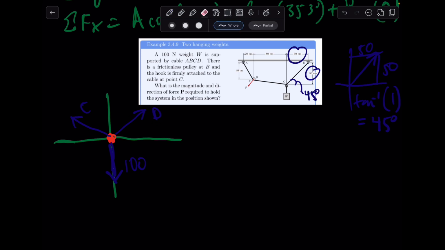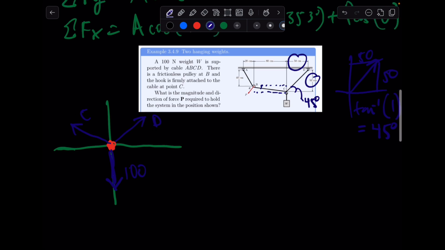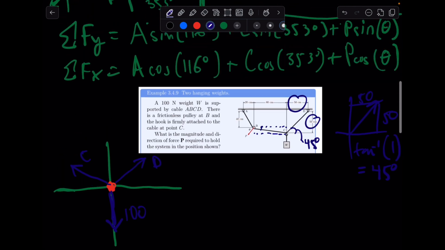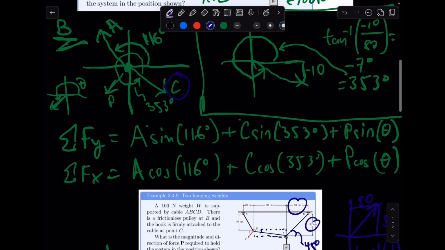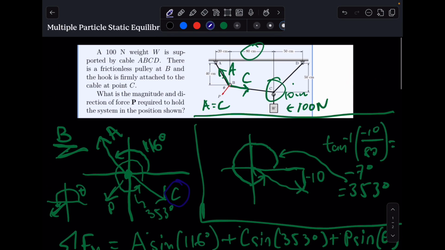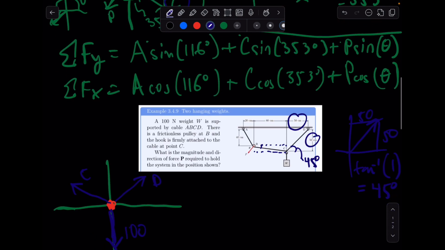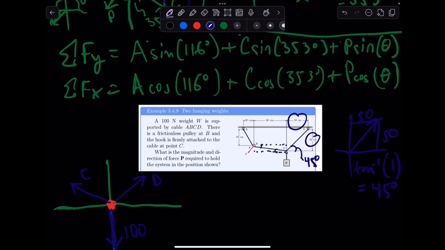And then if we look back at our equation from here, we found this angle to be 7 degrees. You guys remember from here? Negative 7 degrees. So we know that this right here is going to equal 7 degrees.